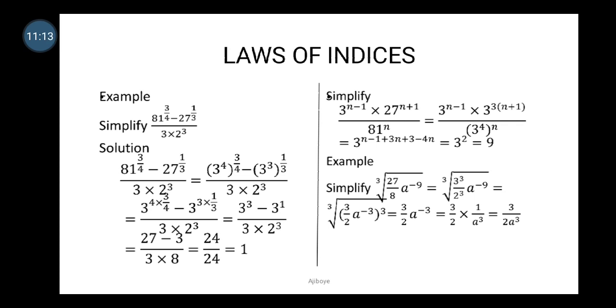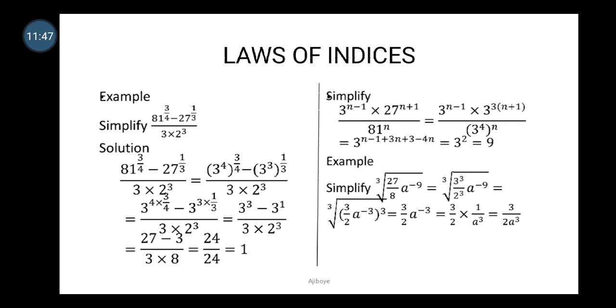Simplify 3 raised to the power n minus 1 times 27 raised to the power n plus 1, over 81 raised to the power n. This will be equal to 3 raised to the power n minus 1 times 3 raised to the power 3 open bracket n plus 1 close bracket. And this eventually will give us 3 raised to the power n minus 1. Because of the multiplication, you will add the two numerator indices.